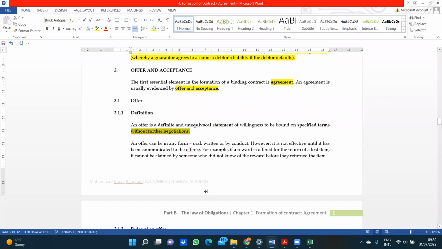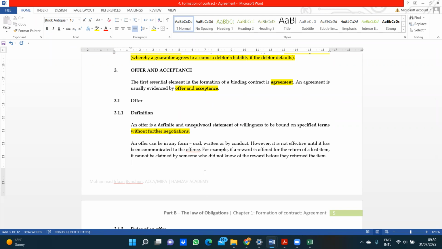This is very important, further negotiations. It is a statement of willingness to enter into a contract under specific terms. When the offer is made, there are no further negotiations.